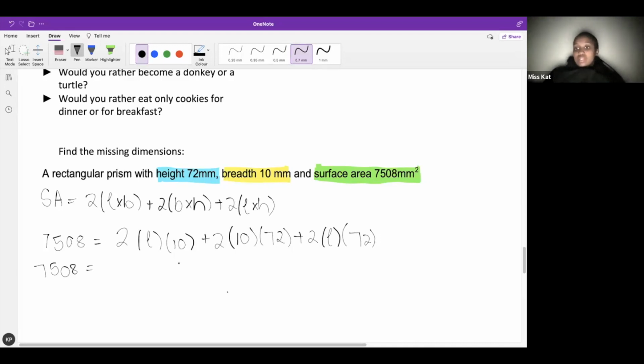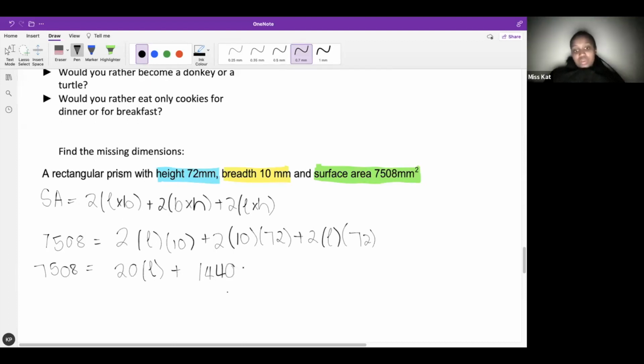So we have 20 times length plus this one I can multiply fully because it's 2 times 10 times 72. And how much is that? Thank you, Abu. It's 1440.